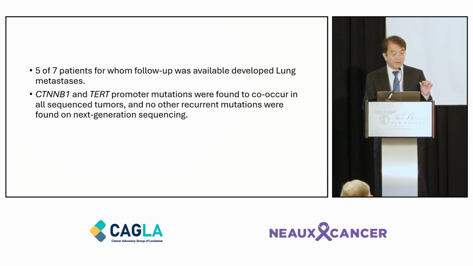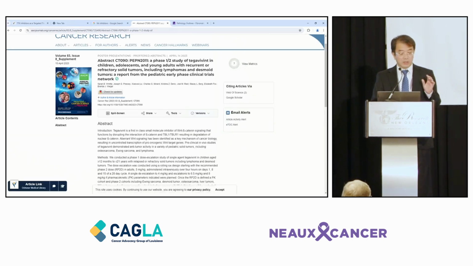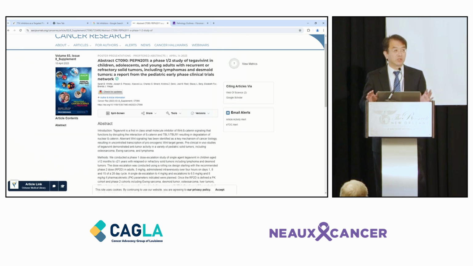And they specifically said CTNNB1 and TERT promoter mutation is strongly associated with this disease. CTNNB1 is in the Wnt beta-catenin pathway, right? So now we have a difficult situation. This is a rare disease. We don't know how to treat it.